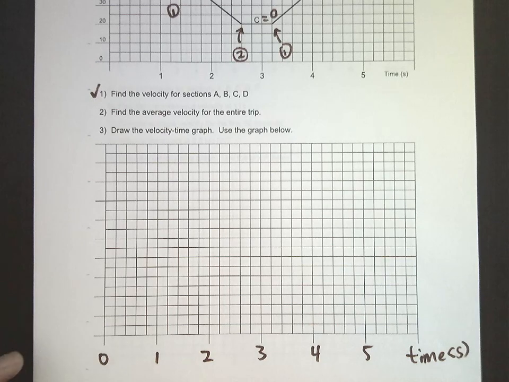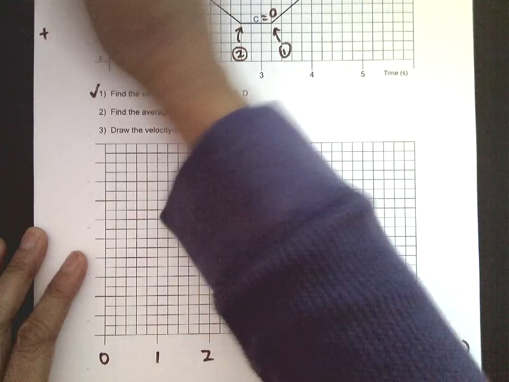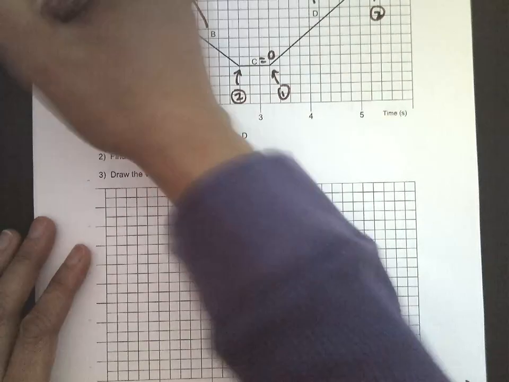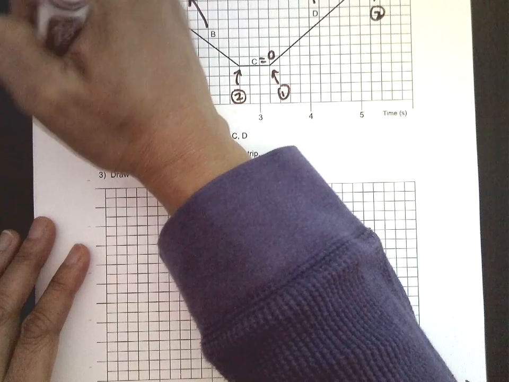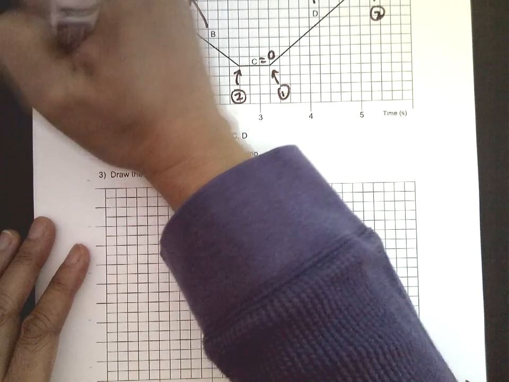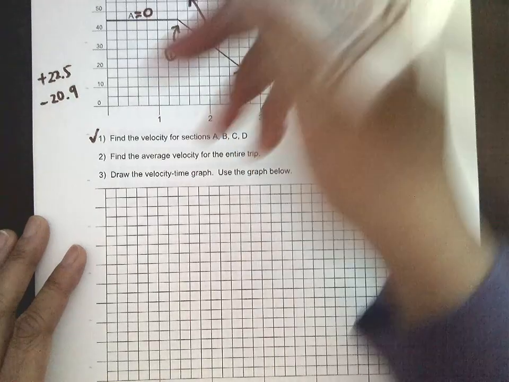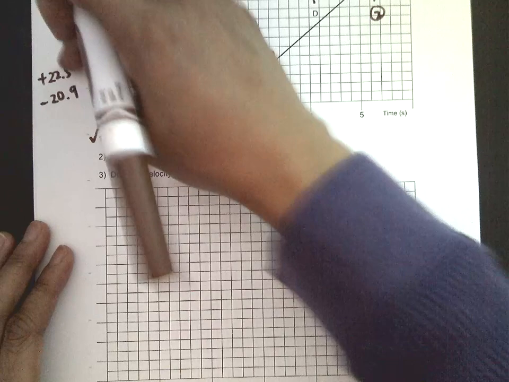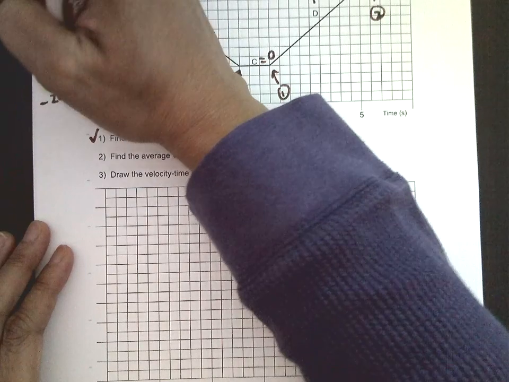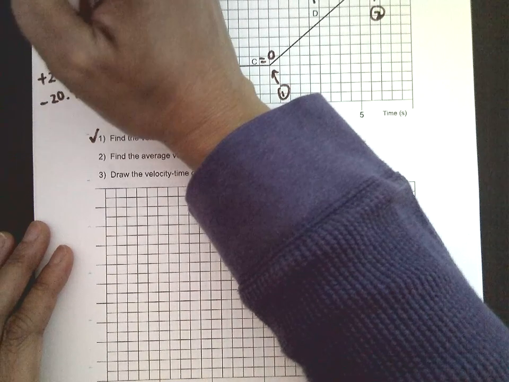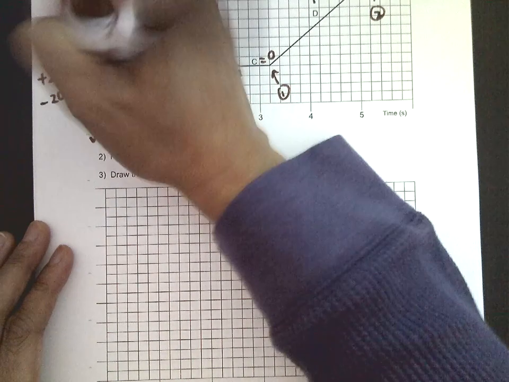All right, so to pick the scale, our maximum is 22.5, and our minimum, or lowest value, is negative 20.9. Let's round this up to 25, and this to 20.